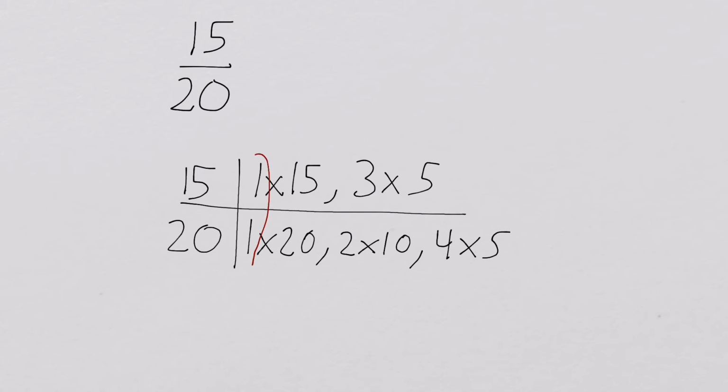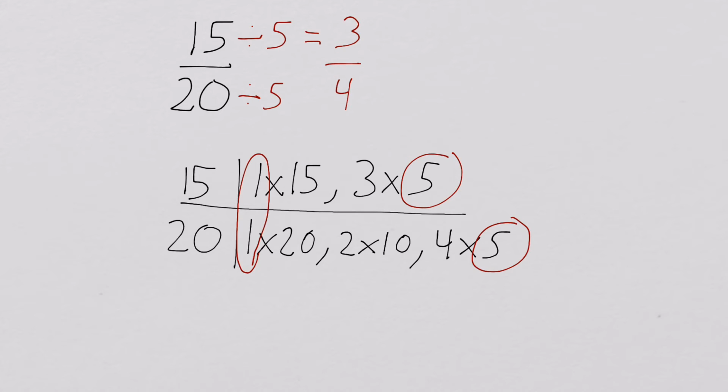They both have 1. They both have 5 as well. And that 5 is the largest common factor that they have, so that's what we're going to divide by. 15 divided by 5 and 20 divided by 5 gives us 3 and 4. So the simplest form of 15/20 is actually 3/4.